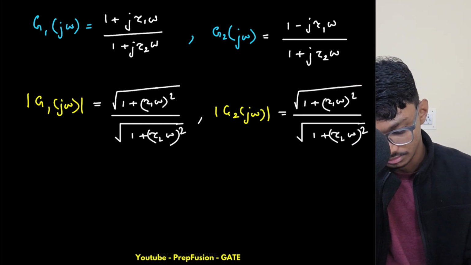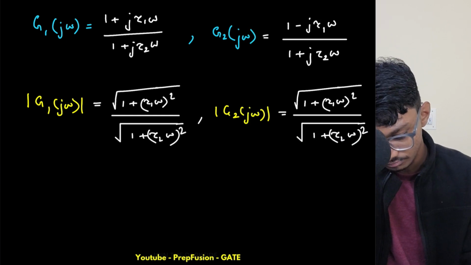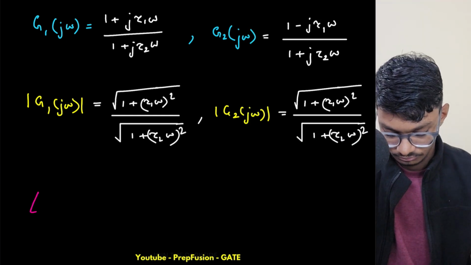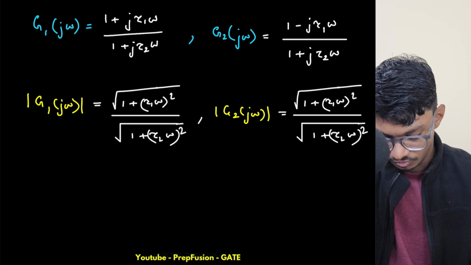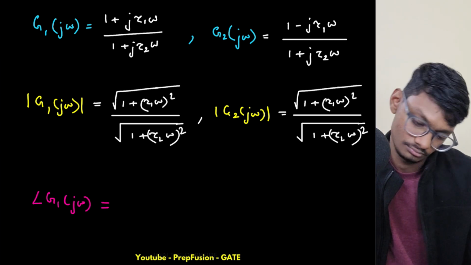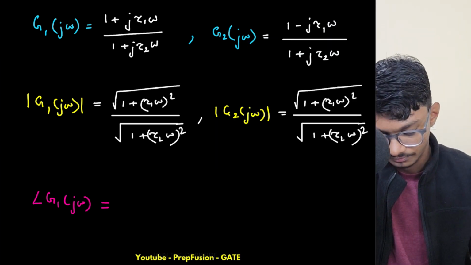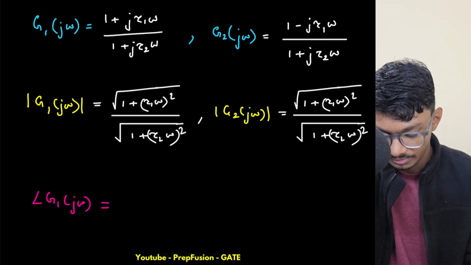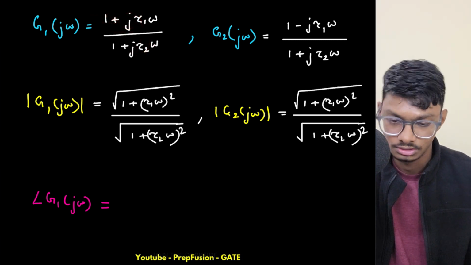What about my angle? What is happening to my angle? So the angle of g1 of j omega is simple. All of the coefficients are positive, so no issue.